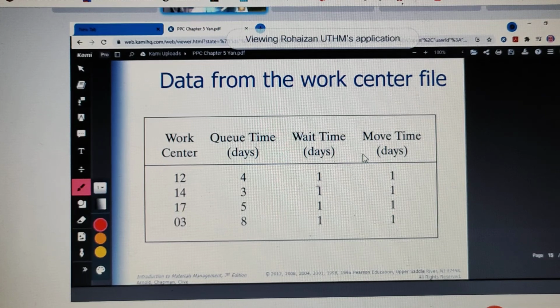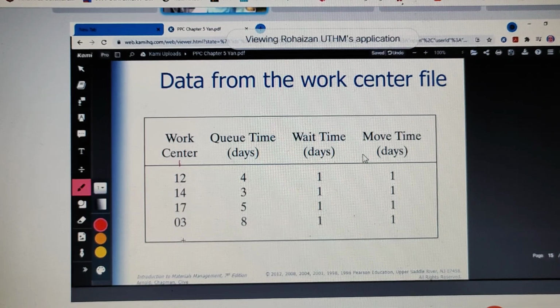And then here, move days: it takes 1 day before we start at the first work center. And after we finish here, before we move into storage just now, it takes 1 day again to move the product, move the item.